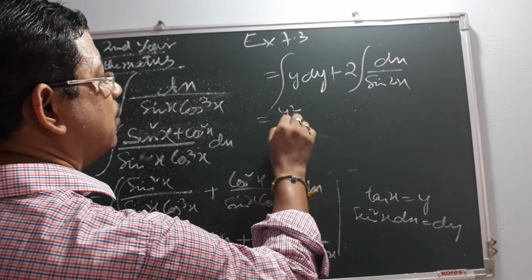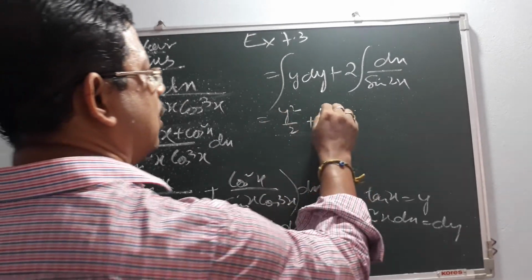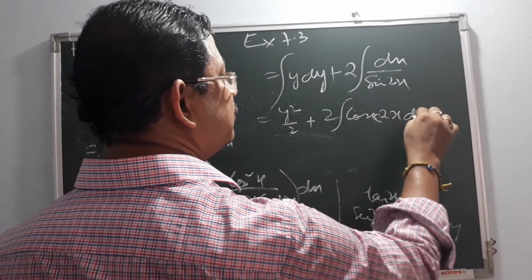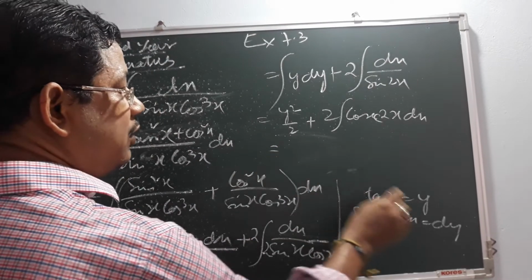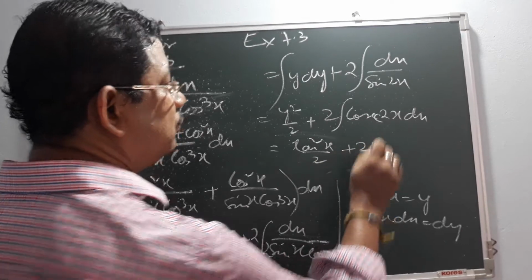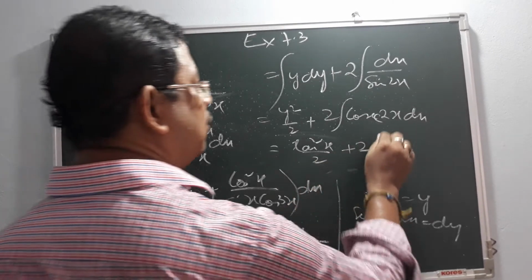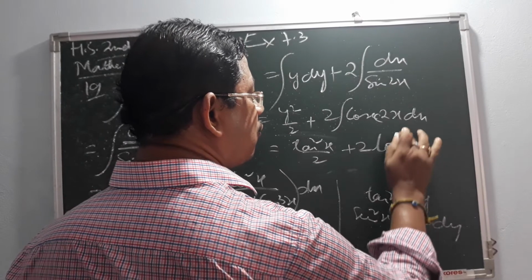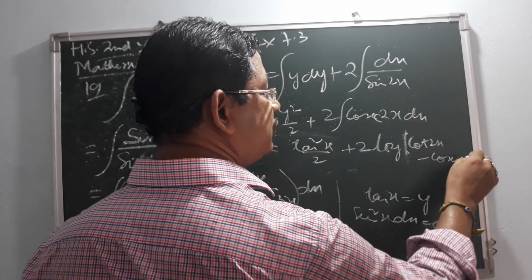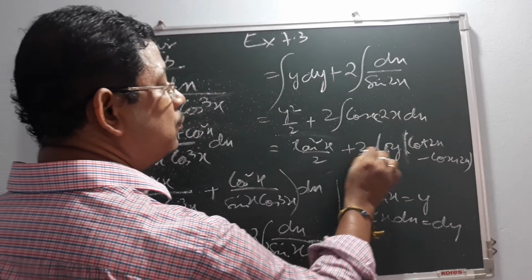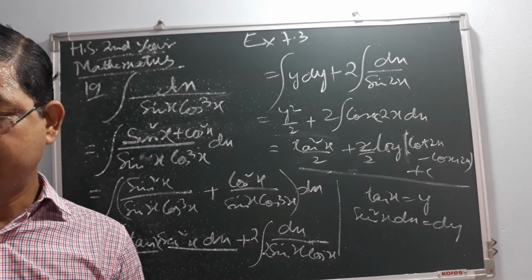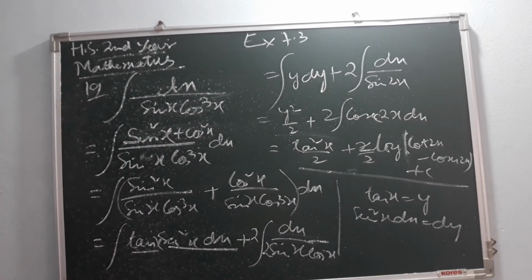This can be written as y square by 2, plus the integral of cosec 2x dx. Y is our expression, so we will write tan square x by 2, plus 2. Here one formula is there: log modulus of cot 2x minus cosec 2x, divided by 2, plus c. So this is the sum of the integration question number 19.